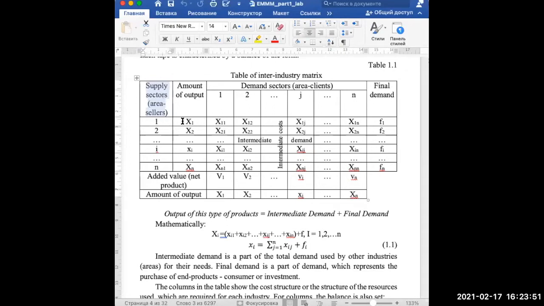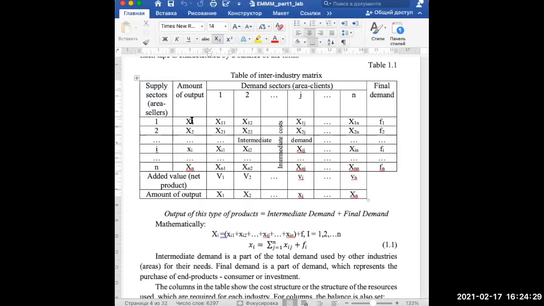We have X1, the symbol we use to describe the full amount, or summarized output, of the first branch, which this branch produces and can deliver to the same branch, the first branch, to the second branch, and to the final consumers.